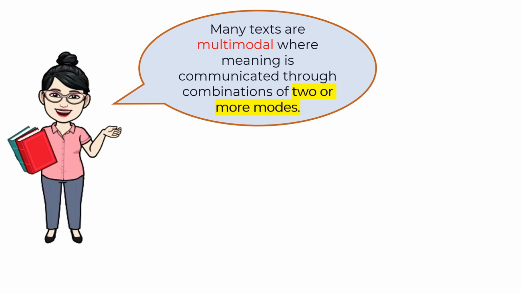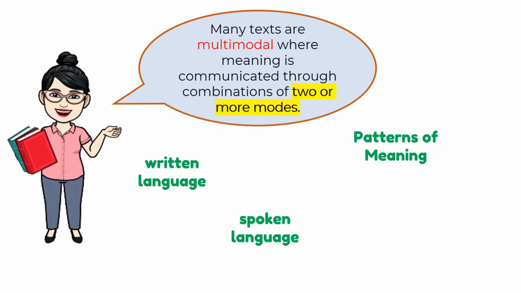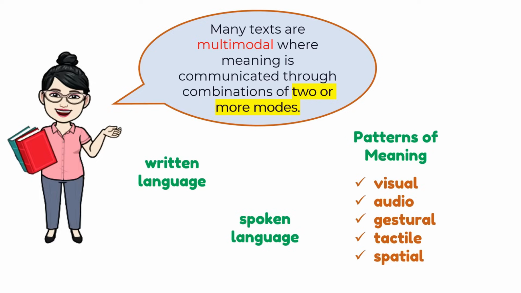Many texts are multimodal, where meaning is communicated through combinations of two or more modes. Modes include written language, spoken language, and patterns of meaning that are visual, audio, gestural, tactile, and spatial.